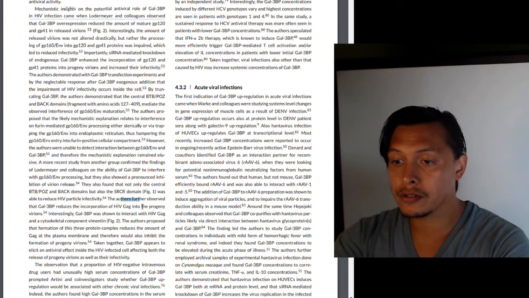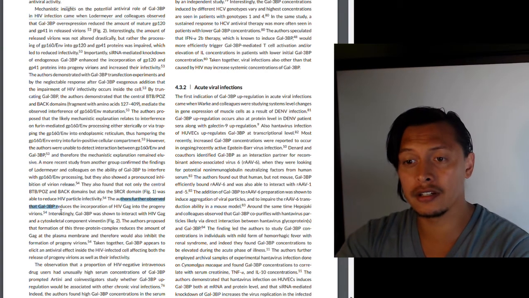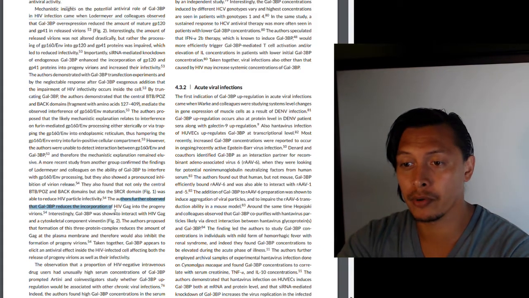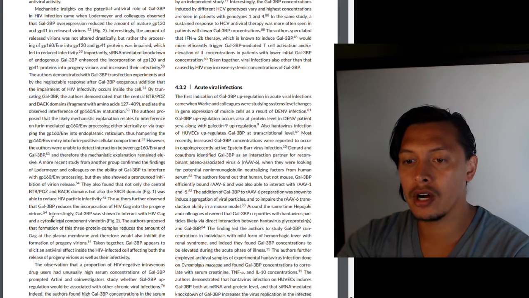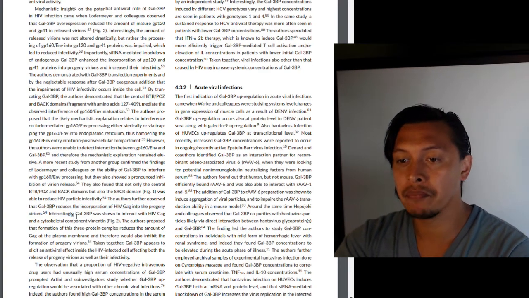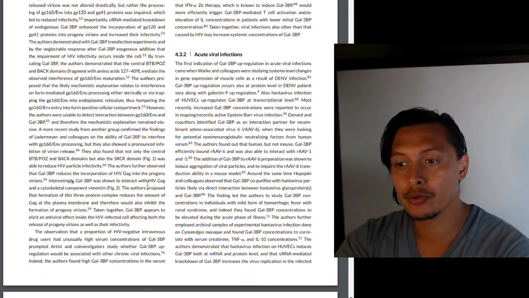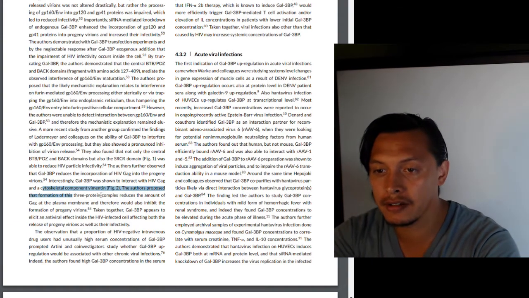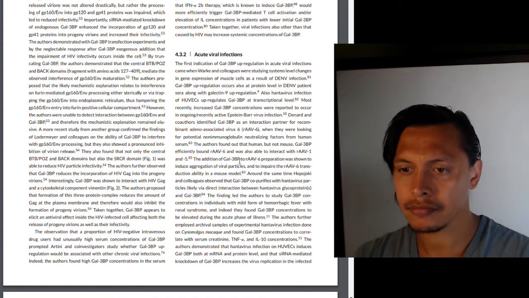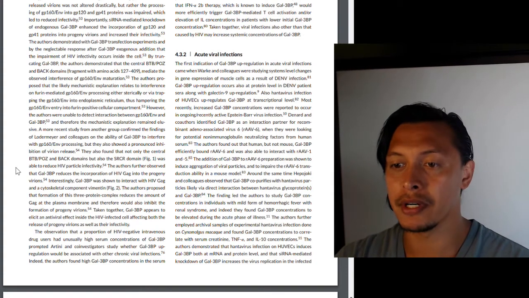So the authors further observed that Gal3BP reduces the incorporation of HIV GAG into the progeny virions. Interestingly, Gal3 binding protein was shown to interact with HIV GAG and the cytoskeletal component vimentin.